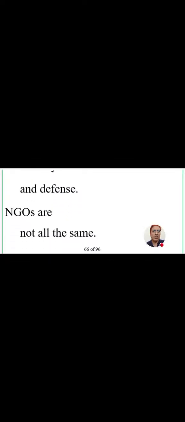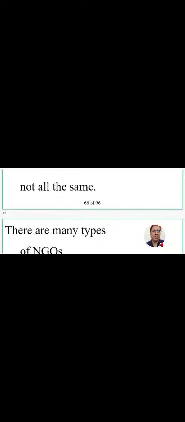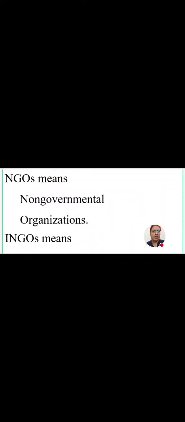International NGOs are not all the same. There are many types of international NGOs with different names. People use many acronyms for them. NGOs means non-governmental organizations. INGOs means international NGOs.